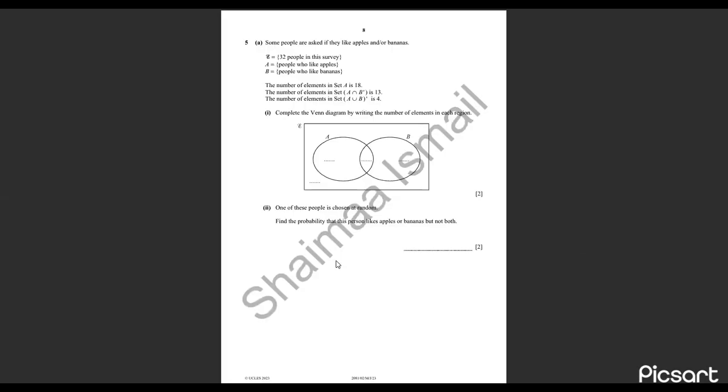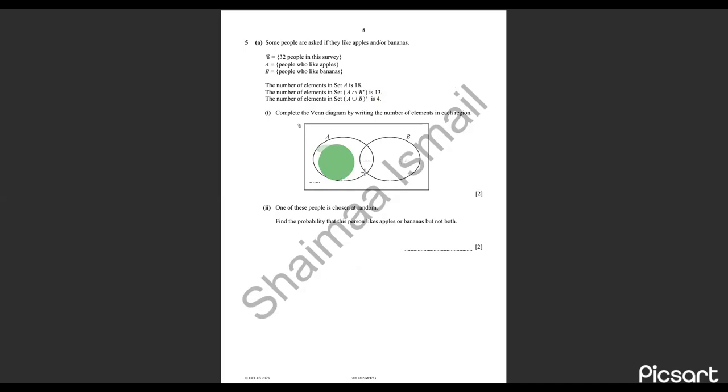Well, the start here is this 13, because he told you A intersect B dash. It's clear that this is this part: just A, because what is outside here? So A intersect the outside is equal to 13.